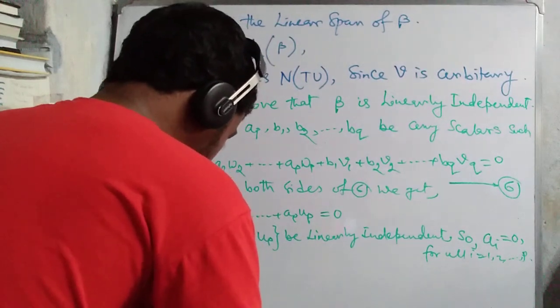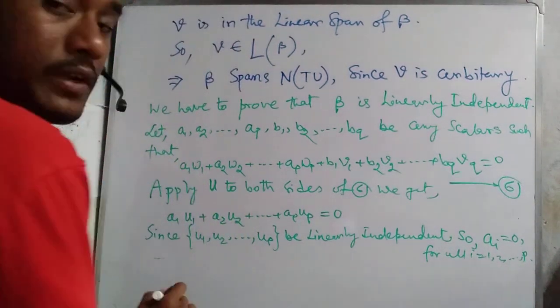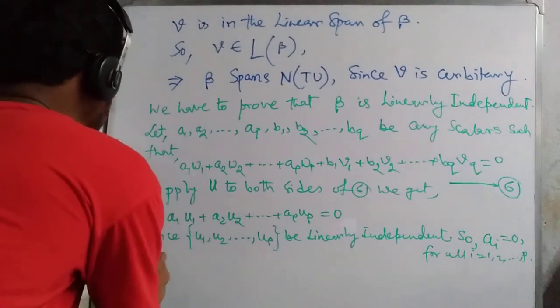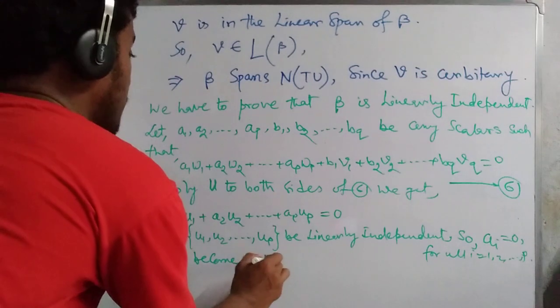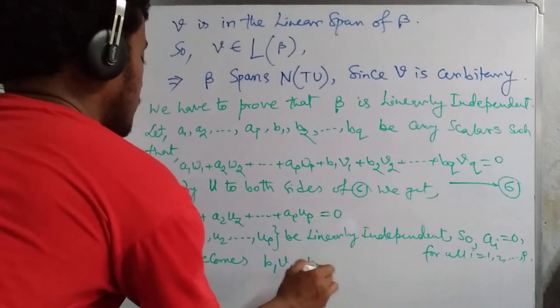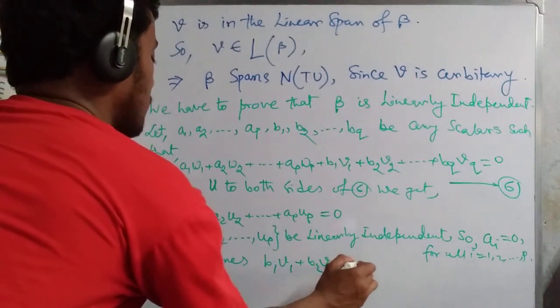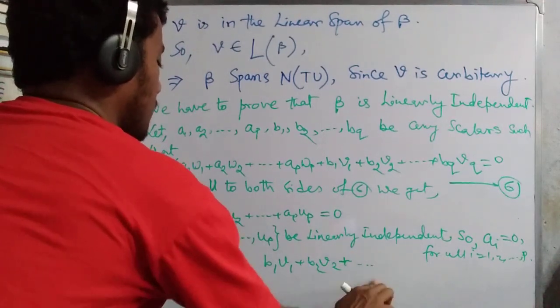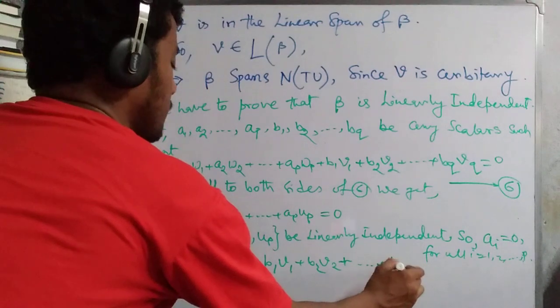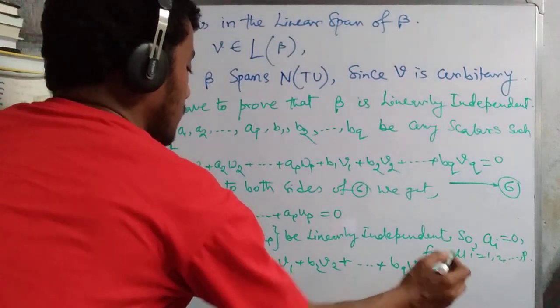Then 6 becomes b1 v1 plus b2 v2 plus ... plus bq vq equals 0.